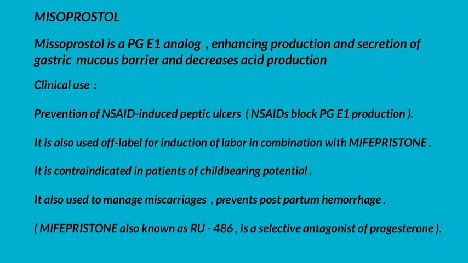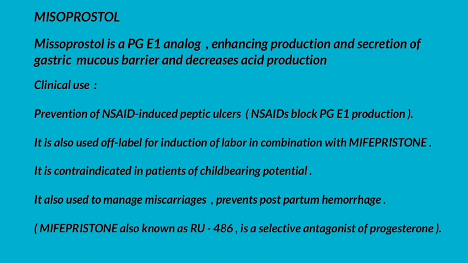Misoprostol. Misoprostol is a prostaglandin E1 analog enhancing production and secretion of the gastric mucus barrier and decreases acid production. Clinical use: prevention of nonsteroidal anti-inflammatory induced peptic ulcers because NSAIDs block prostaglandin E1 production.